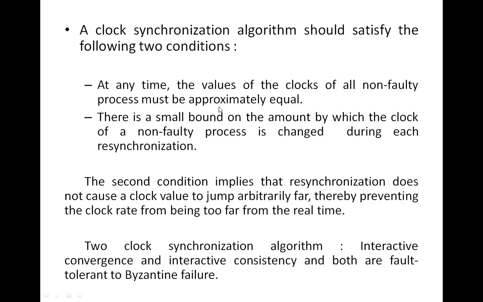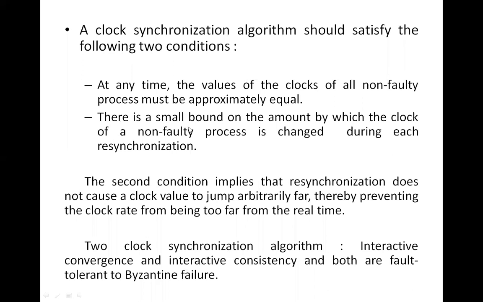Whenever we talk about approximately equal, there may be some drift, there may be some difference, but this difference should be very small. If there is an error, the error must be very small. It can be represented by epsilon. So at any time, the values of the clocks of all the non-faulty processes must be approximately equal.